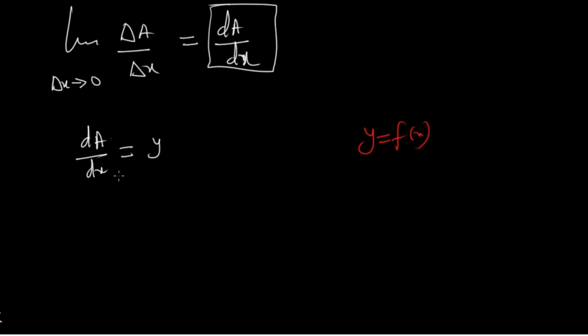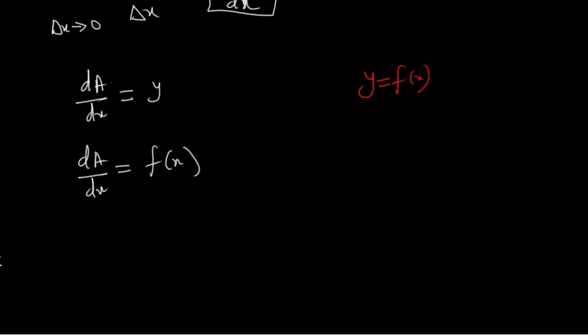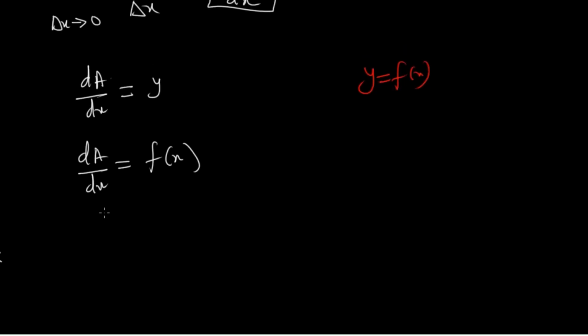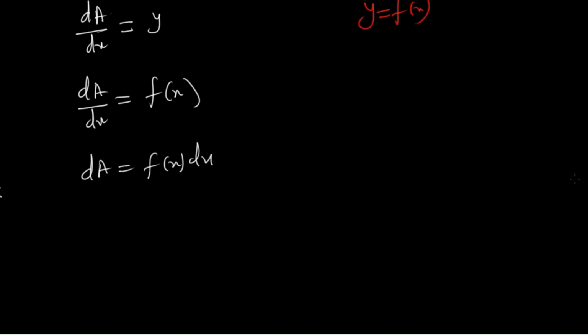So we can say dA over dx equals f of x. And if we cross multiply, we are going to have dA equal to f of x dx. And don't forget, the area we're looking for is A. So to find A, we recall from integral calculus that we simply take the integral of both sides.